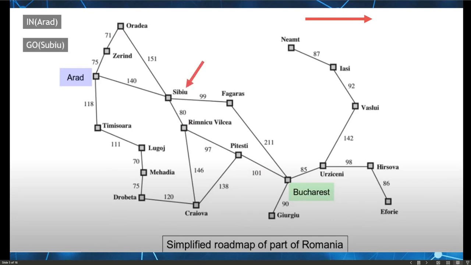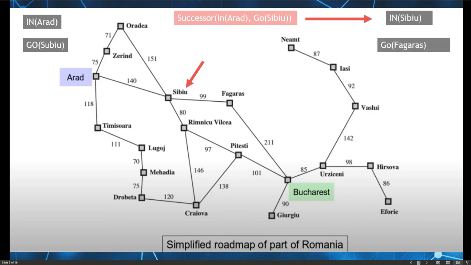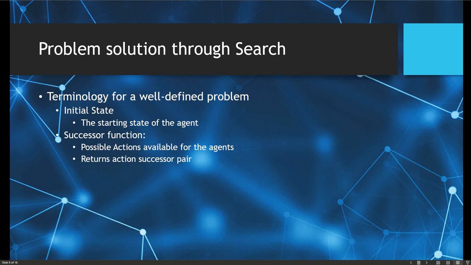When we put these two things into a successor function, what it does is it returns the new state, which is now in Sibiu, and any possible actions that can happen from Sibiu, which could be, for example, go to Fagaras. And so this function plays a super important role in the agent solving the problem.